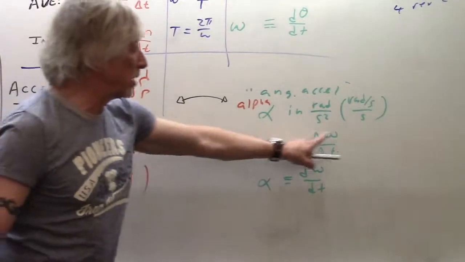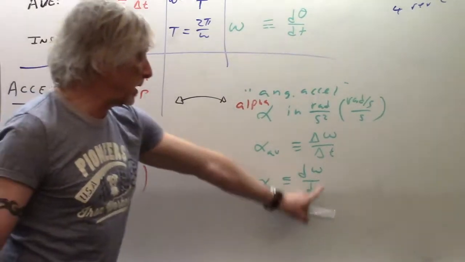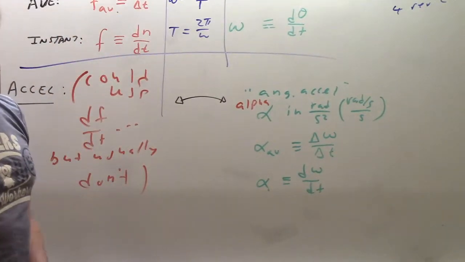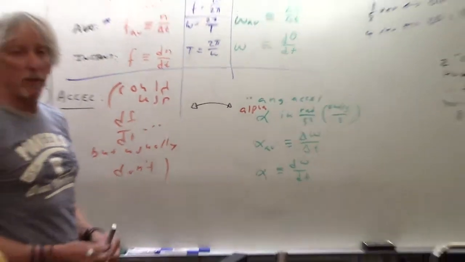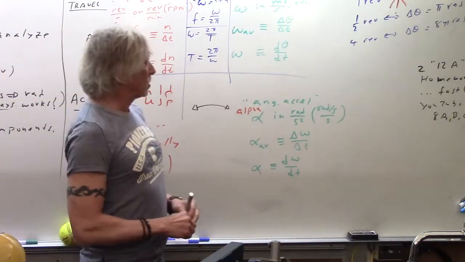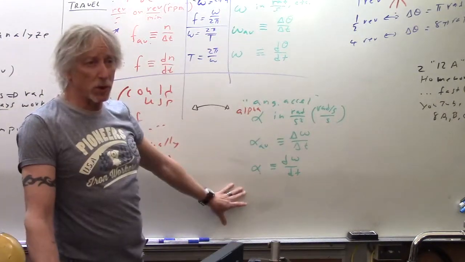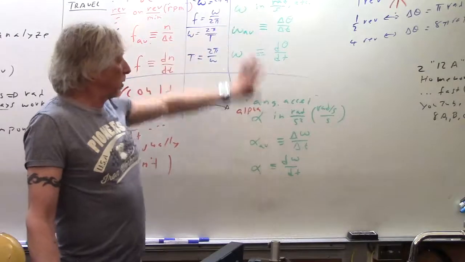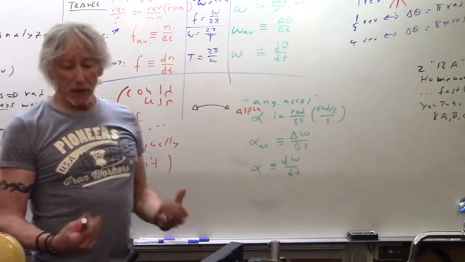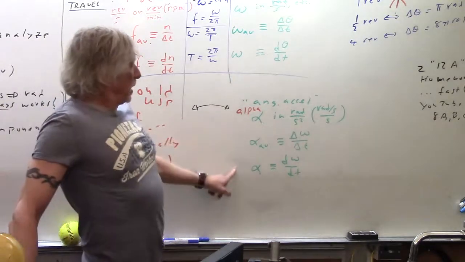Alpha average would be the change in omega over the change in time. Alpha instant would be d omega dt. It's just like good old-fashioned kinematics in linear form. And it's all cool. What we want to do is see how this connects to the tangential motion and how this can be written in the case of, say, constant acceleration or otherwise. So we'll do that in the next video.